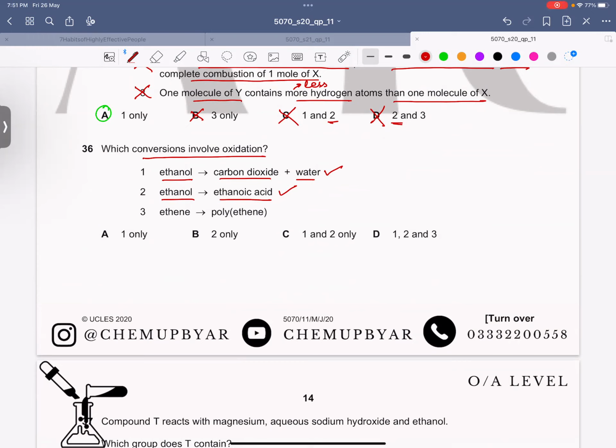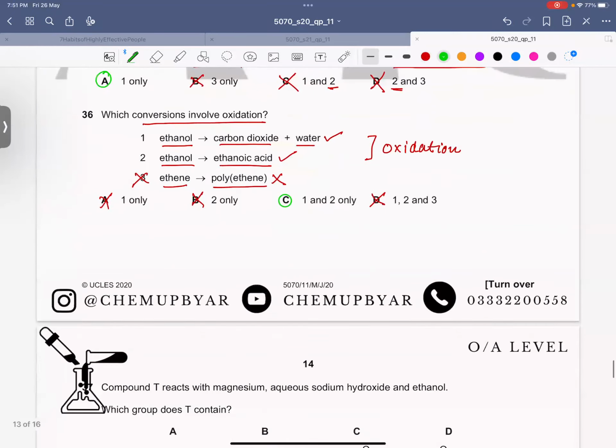Ethene turning into polyethene is not oxidation, so the third is wrong. 1 and 2 both are oxidation, so C is the correct answer, and A, B and D are wrong. Is this clear to everyone? Yes, sir.